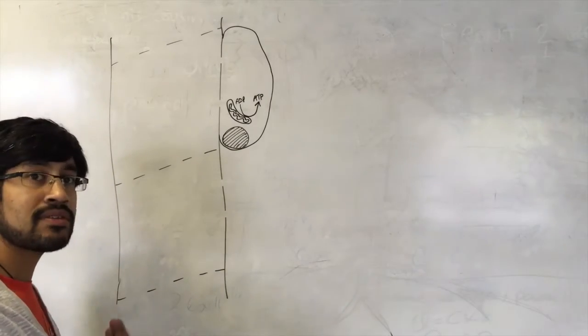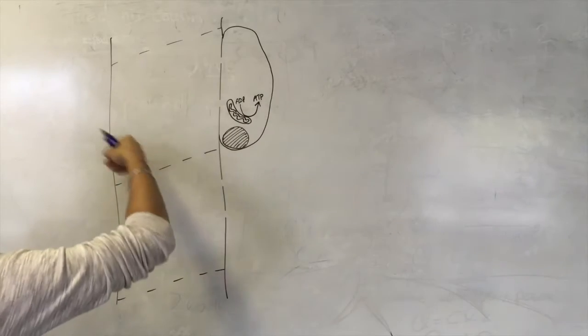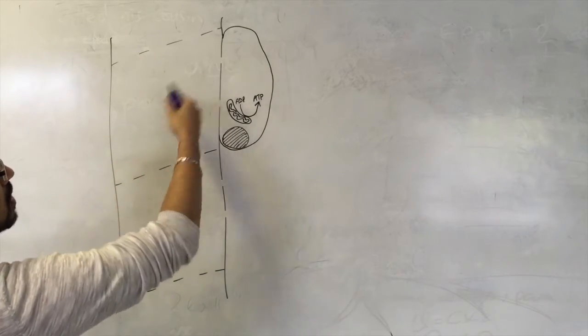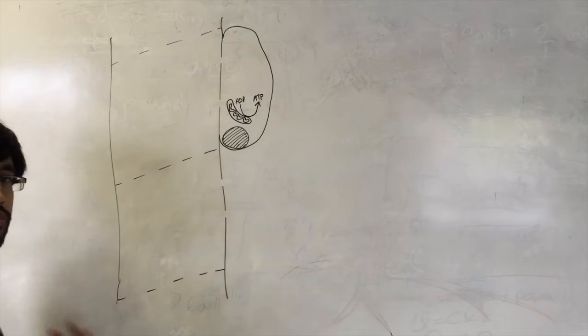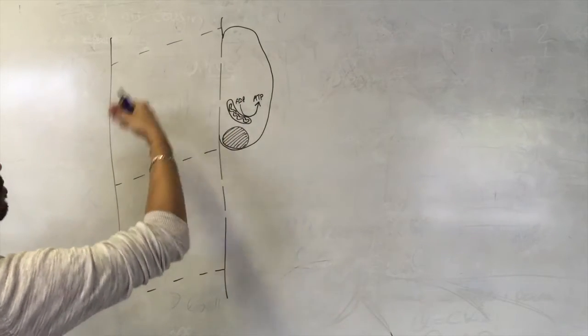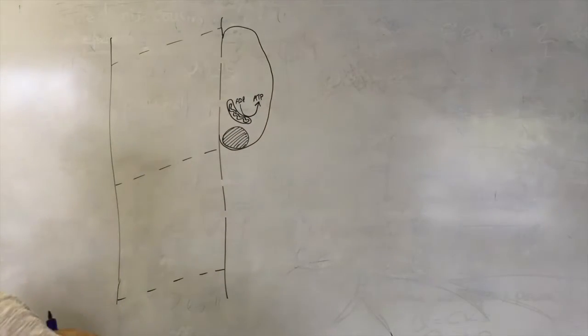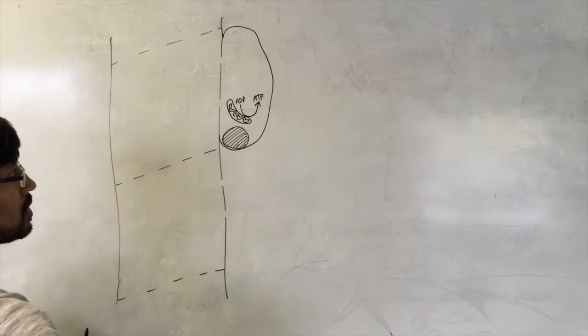You can refer to that as sap. Next to that, remember the sieve tube element didn't have any organelles in it, we've got our companion cell with lots of mitochondria and a big nucleus, fulfilling all the requirements of both the companion cell and the sieve tube element.